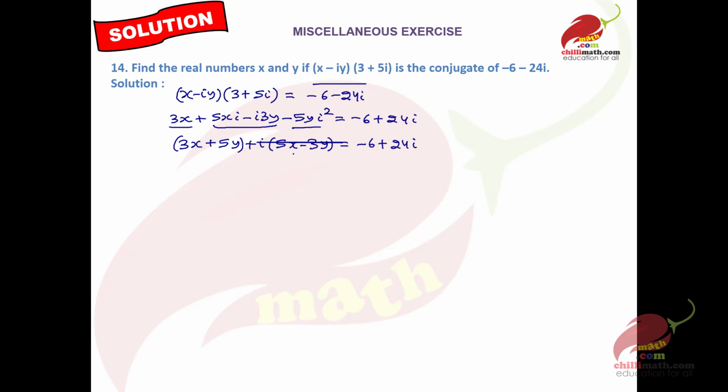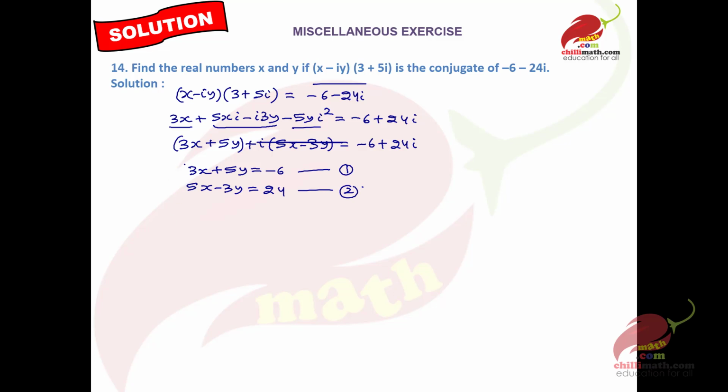Now, two complex numbers are equal if their respective parts are equal. That is, real part on the left hand side is equal to real part on the right hand side, and imaginary part on the left hand side is equal to imaginary part on the right hand side. So from this we'll find x and y. Let's mark this equation number 1 and this as equation number 2.